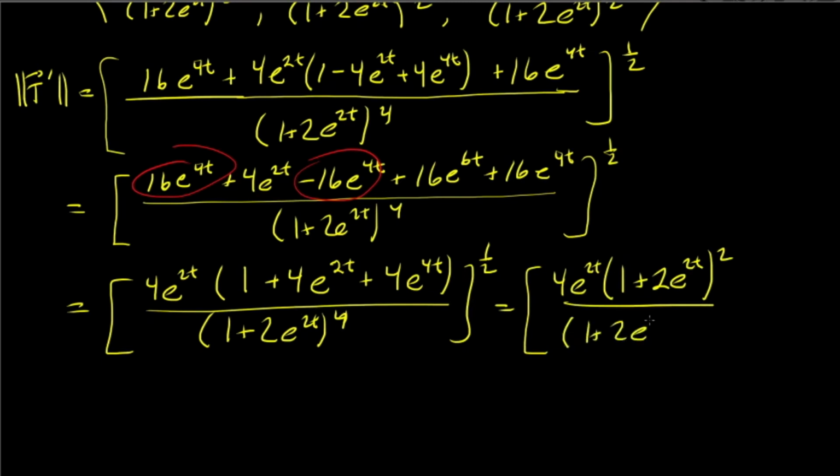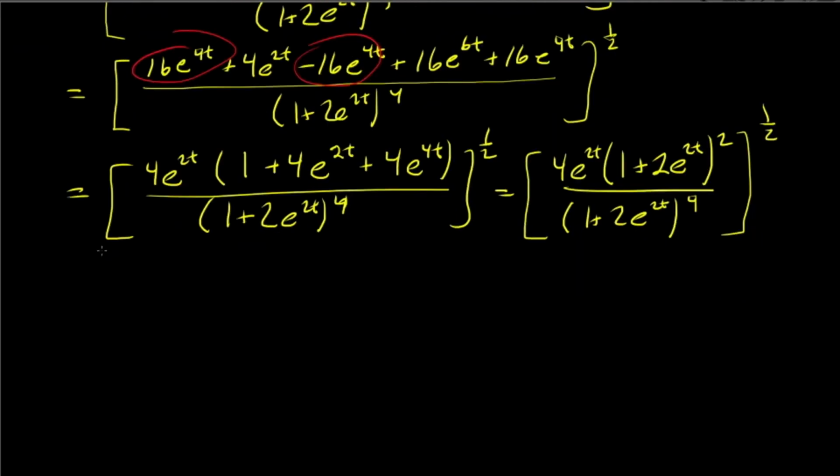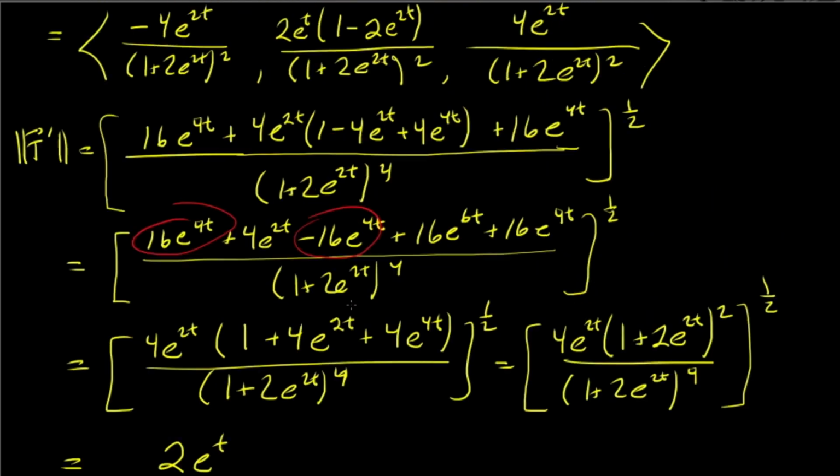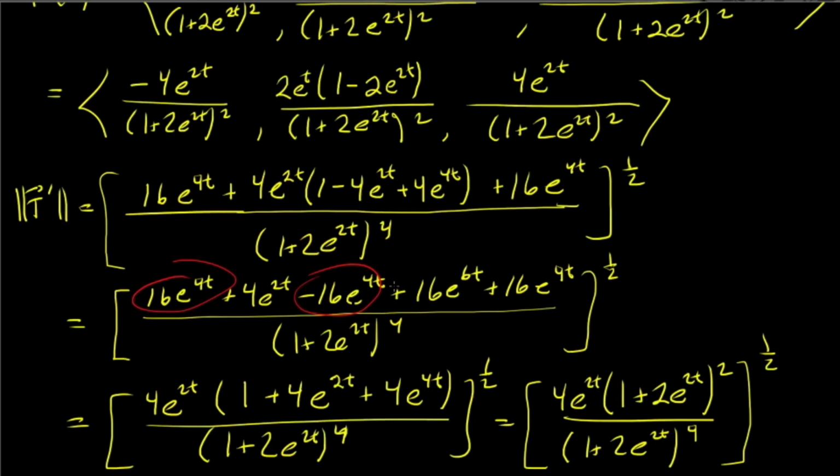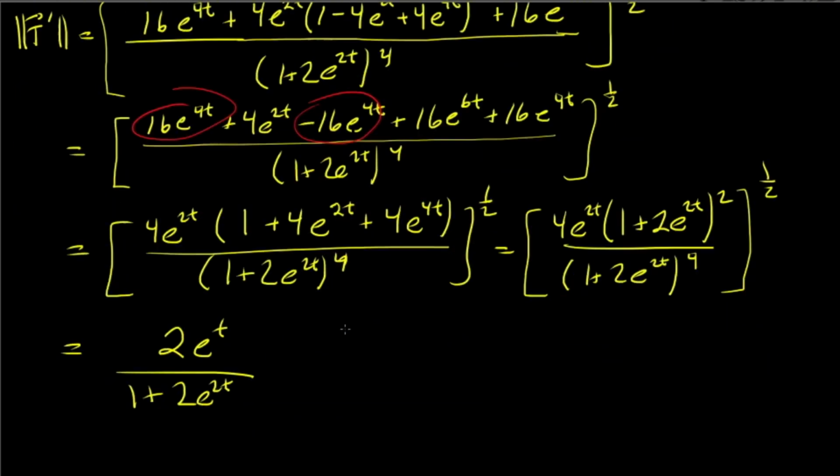And of course, that cancels with the denominator. Let's just take the square root already: 2e to the t over 1 plus 2e to the 2t. I don't need parentheses. Okay, so there you go. That's the magnitude.